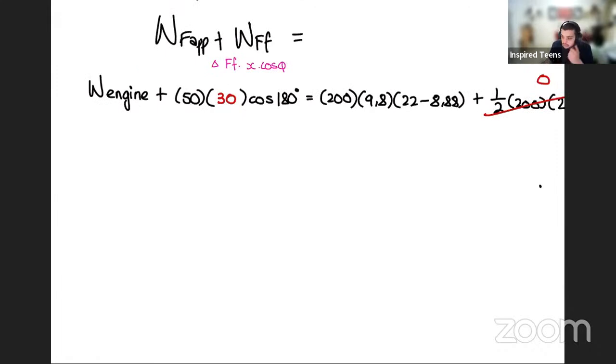Okay, then let's solve for this. Okay, let me simplify. Here I get W engine, work done by engine, minus 1,500 is equal to 200 times 9.8 times 22 minus 8.8, which is 25,771.2, plus 1,500.